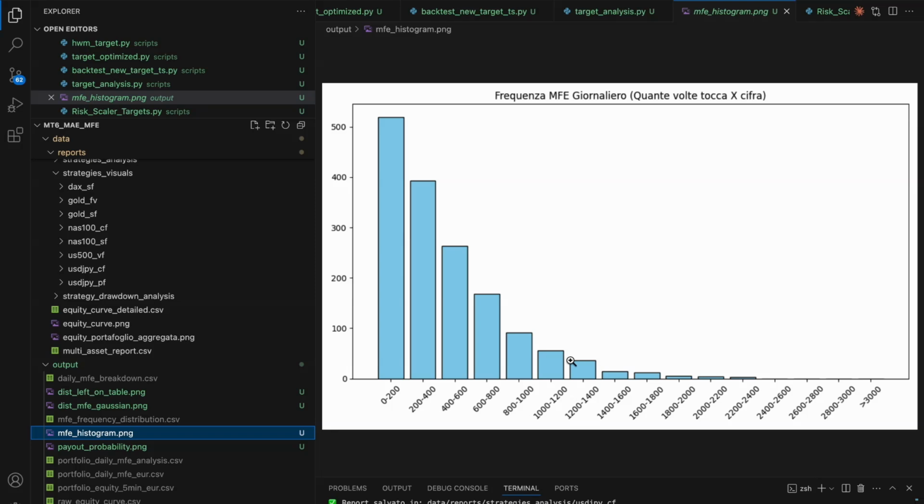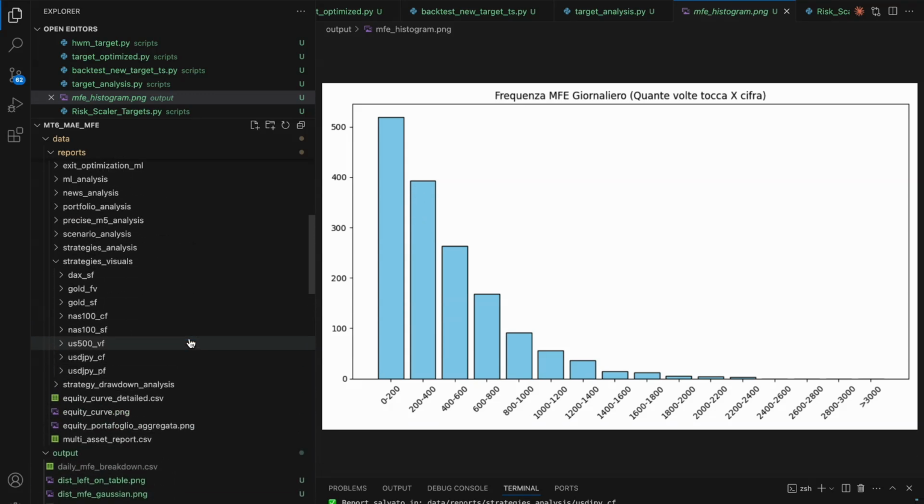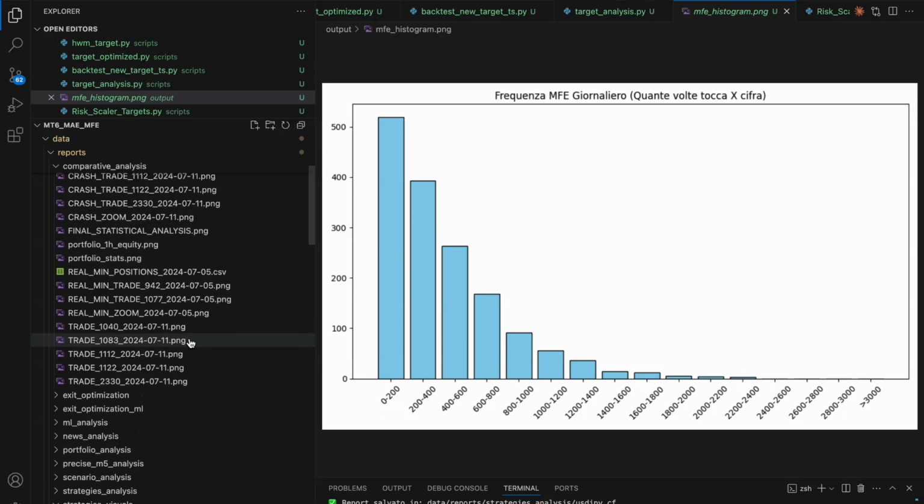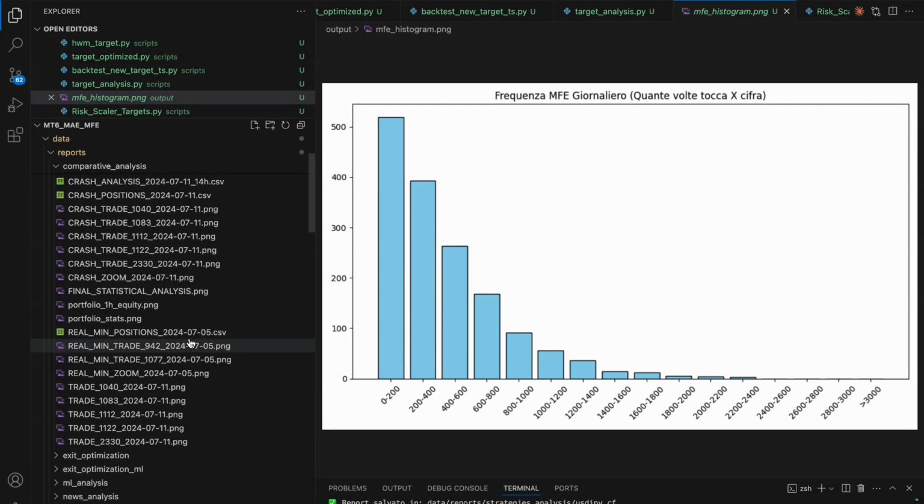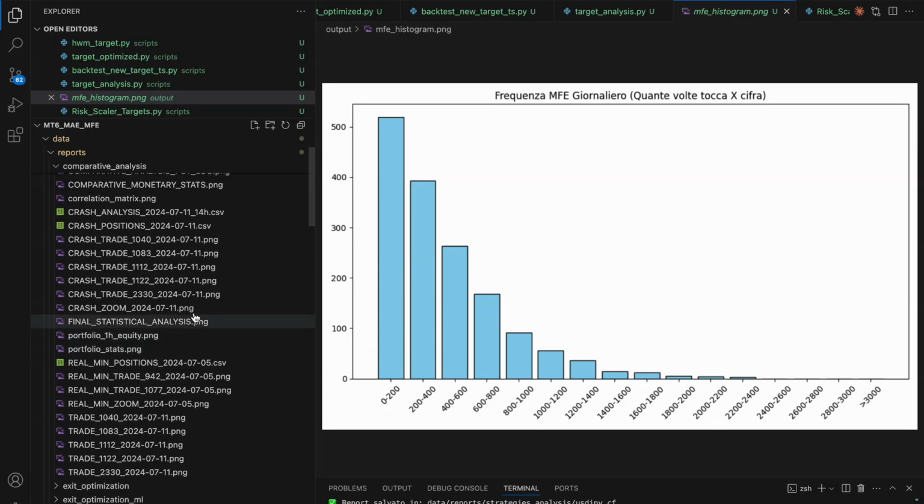We know that 400 times we reached from 200 to 400 euro of profit. So in this case, you could close all of the positions at 400 USD. I don't have my equity curve with this type of if scenario here, but I'm going to show you maybe in the next video or something like that.